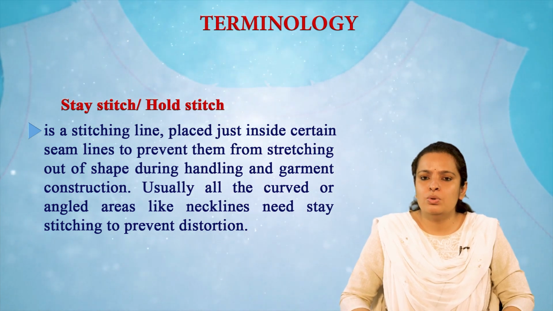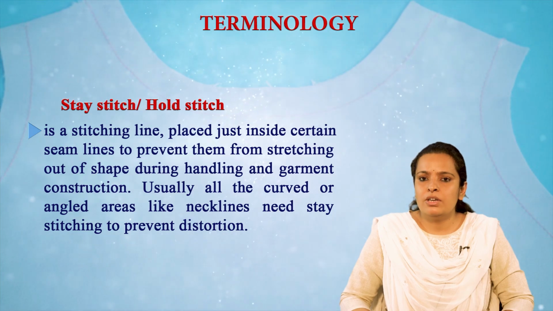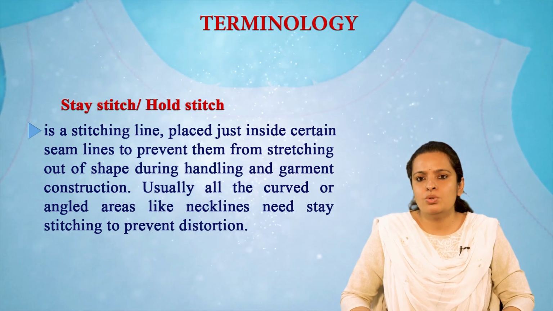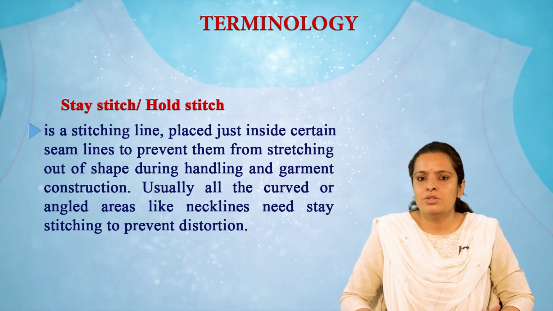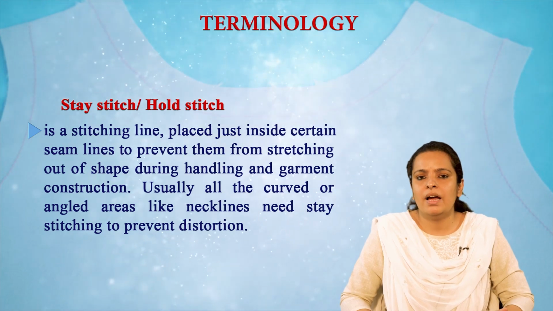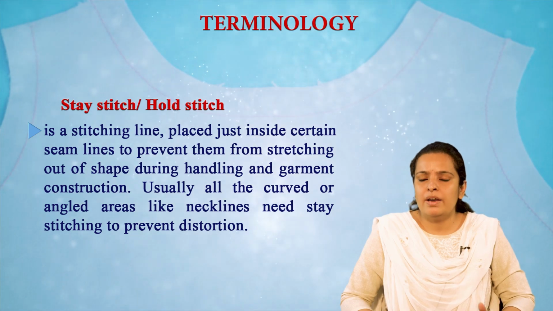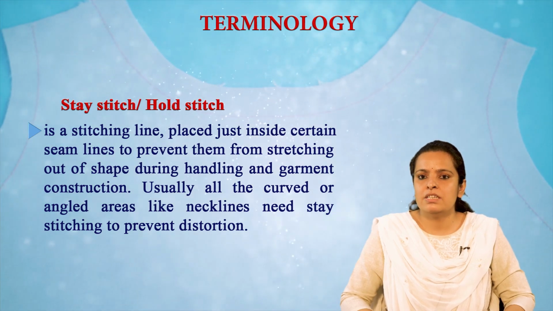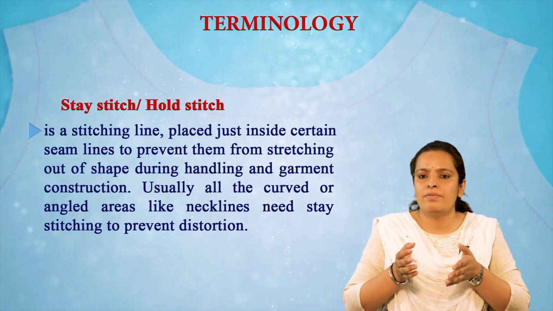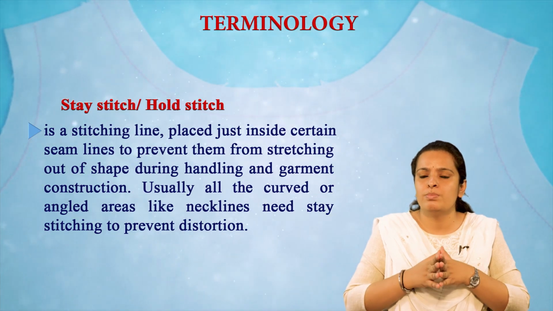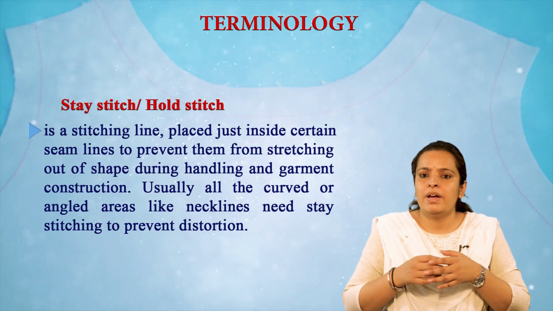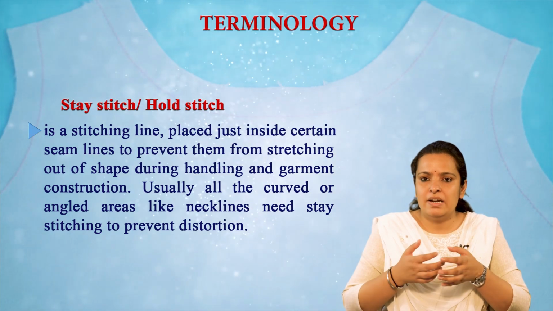So generally we do a temporary stitching on the garment to hold the fabric together. The purpose of doing that is to hold the fabric together. If we don't do that and we go directly for the machine stitch, it may happen that if we have joined two pieces, it may slip off and the design may get disturbed.